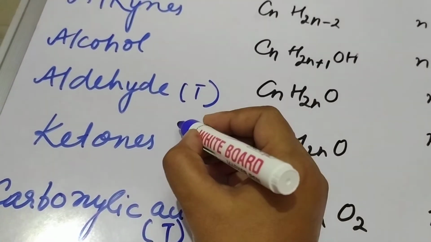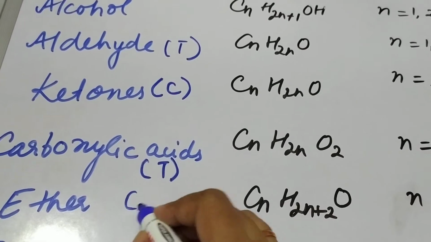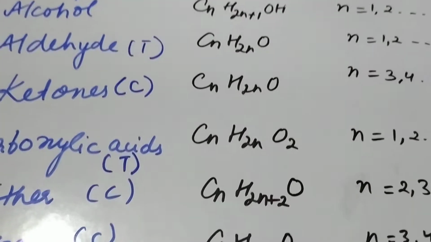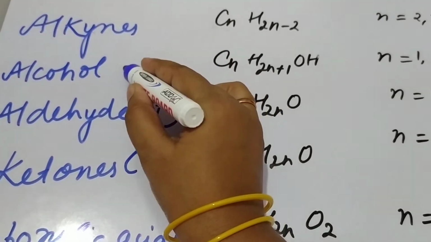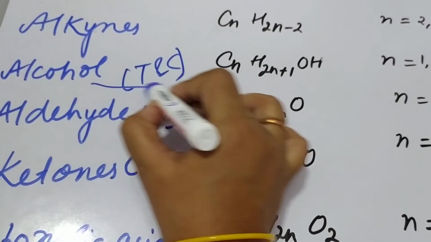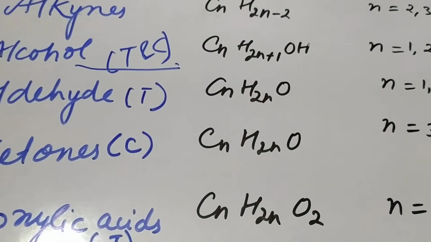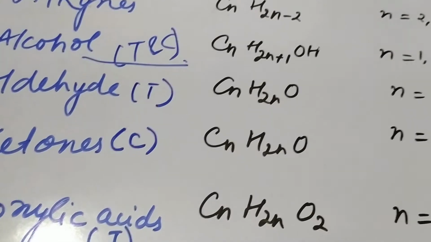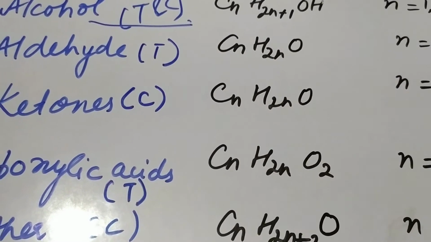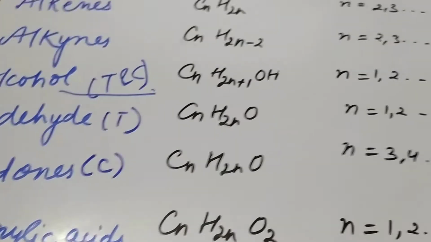Central group is present in the center: ketone is a central group, ether is a central group and ester is a central group, and alcohol is both terminal and central group. It can be present both at the center and at the end of a chain. This I will show you when I tell you the nomenclature. Meanwhile you can learn what is terminal and what is central group.